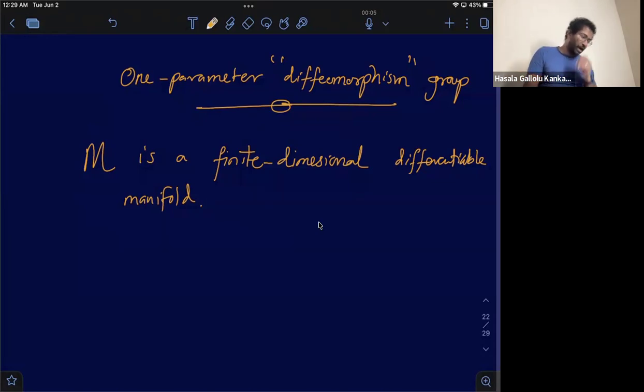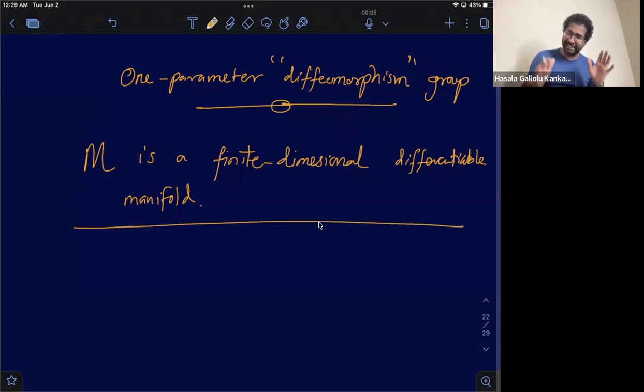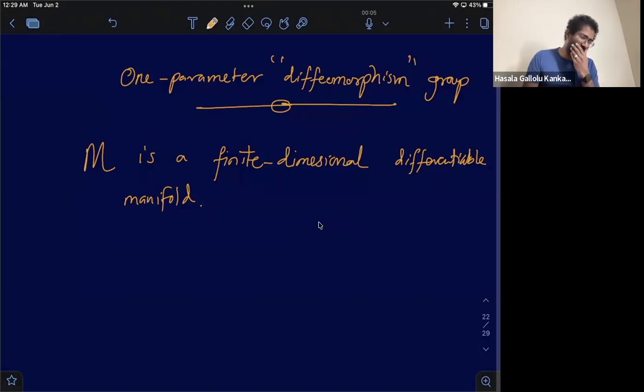All right, let's keep it simple just by this line. We consider a finite dimensional manifold, but at the same time, what is a finite dimensional differentiable manifold? Consider it as a generalization of a differentiable curve or a surface to higher dimensions.